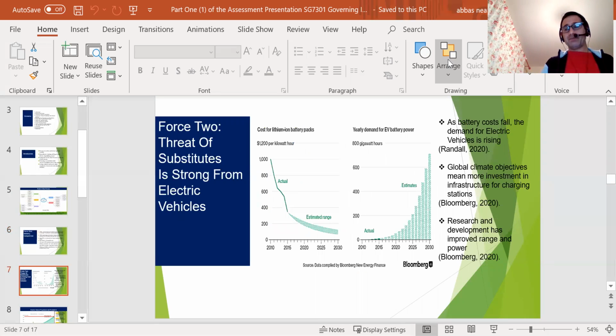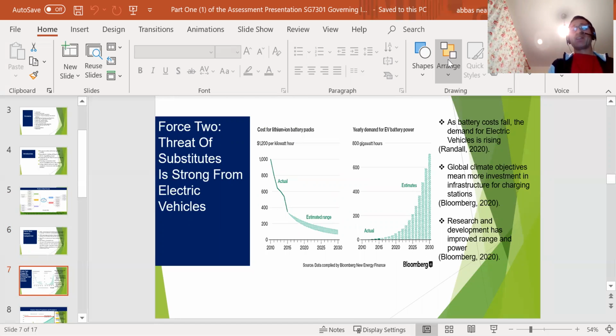Slide 7. Force 2. Threat of substitutes from electric vehicles. Clearly, one alternative to petroleum power is electric power. Although there was some resistance to switching over because of batteries, they now have much longer charge time and range.